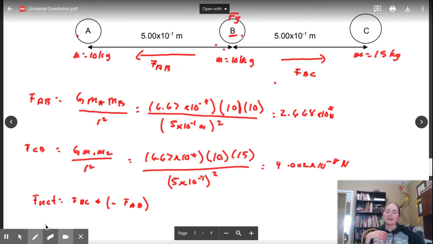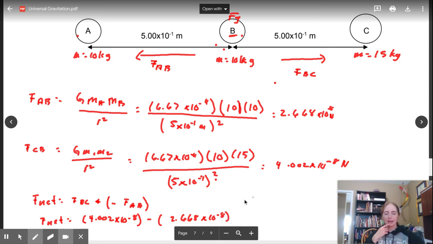Okay. So I'm going to put my numbers in. My F_BC is 10 to the negative 8. And I'm going to subtract my 2.668 times 10 to the negative 8.